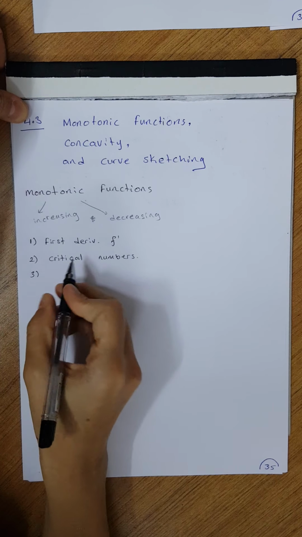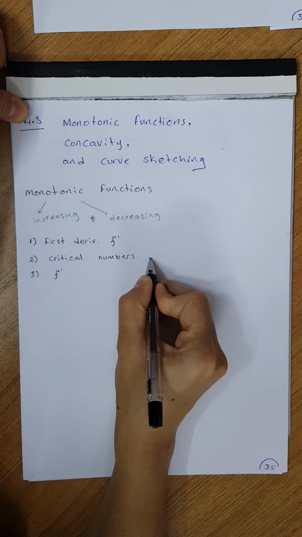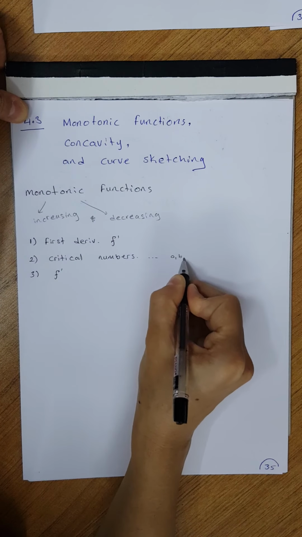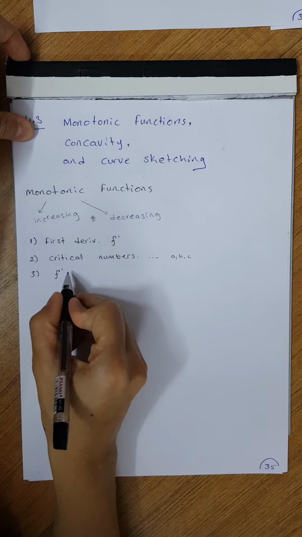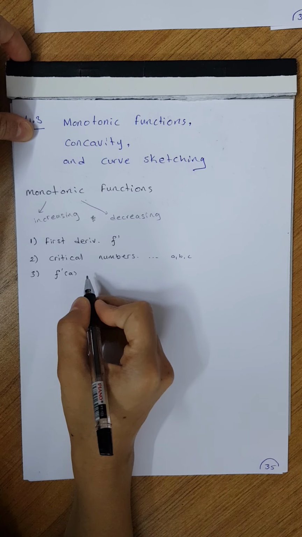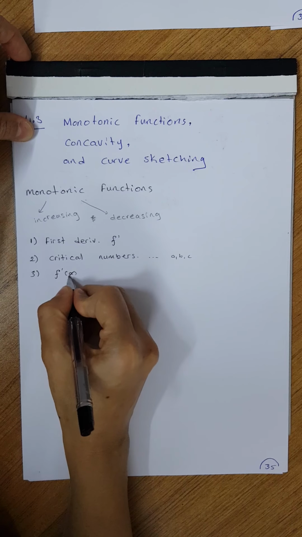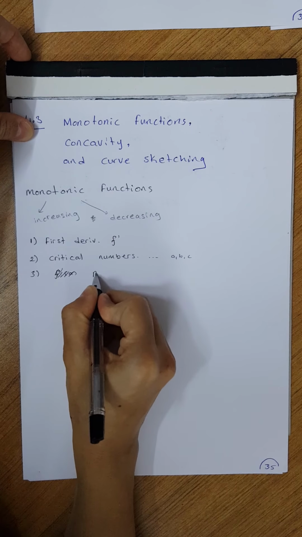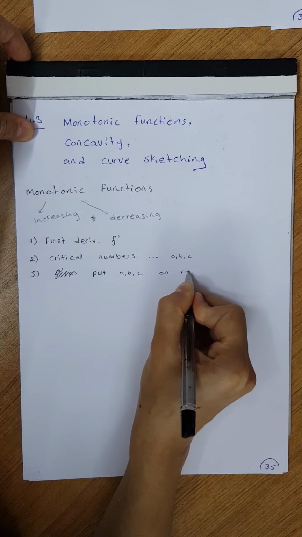Three, we are putting the critical numbers. For example, the critical numbers that we have got are A, B, and C. We are putting those numbers on the real number line.